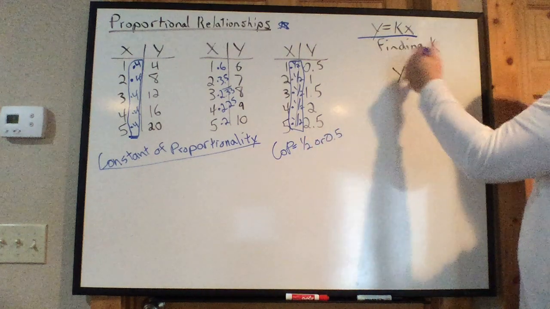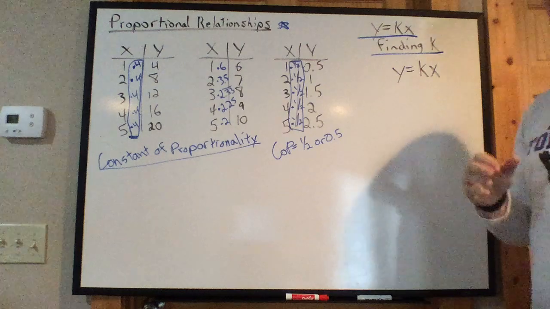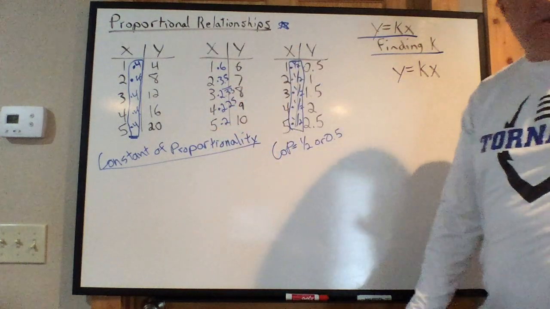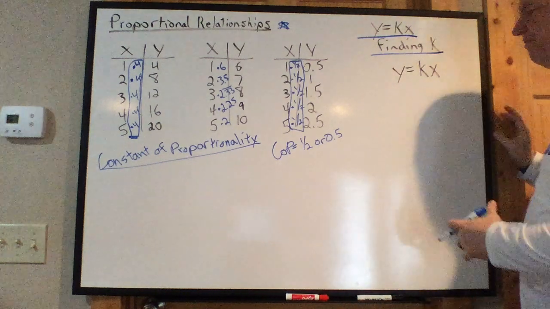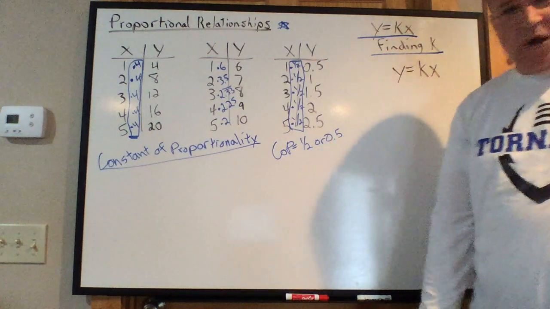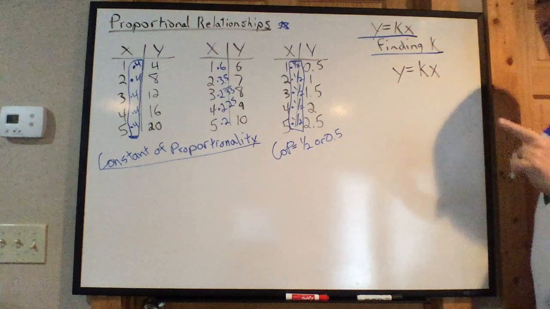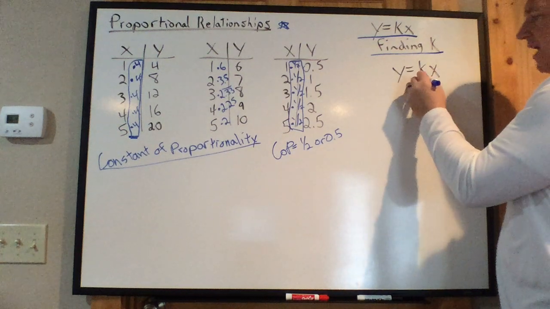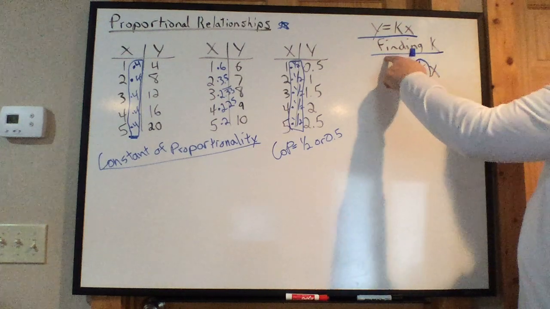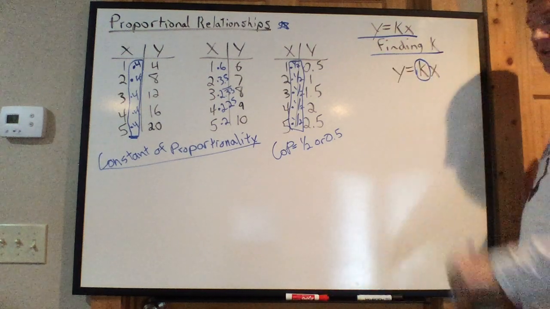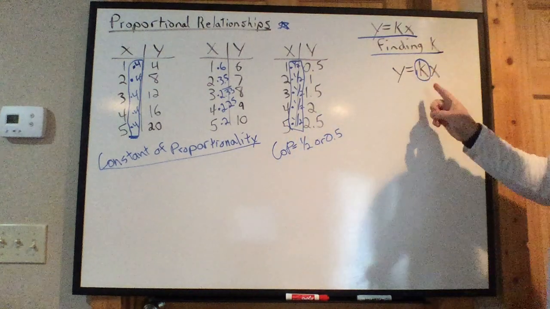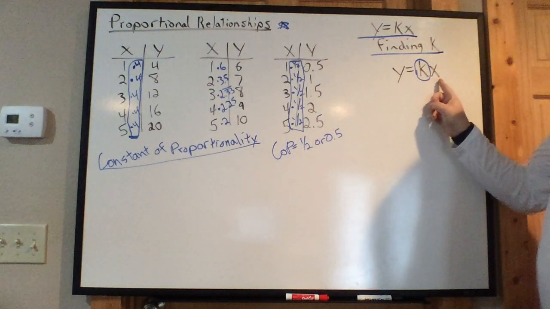So we want to find k without having to go through all of that other stuff, especially if the numbers get more and more difficult as you get older. In one of our other videos, we talk about solving an equation. In this particular case, I want to solve for k. I want k all by itself. So I have to determine what's happening to the k. The k in this occasion is being multiplied by x.